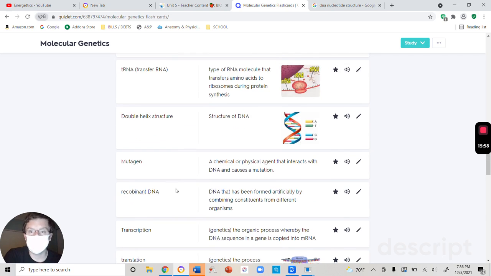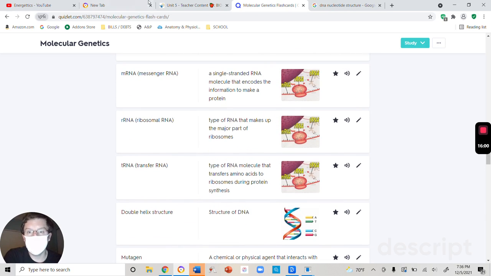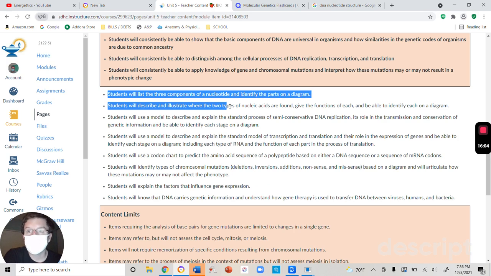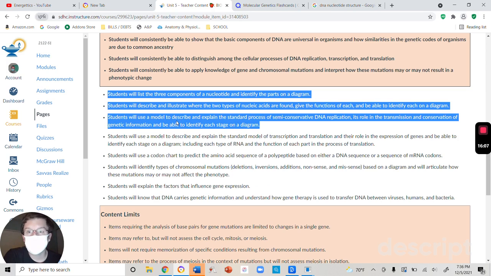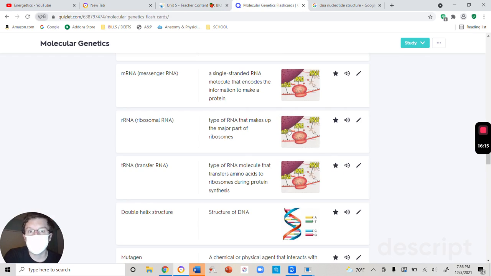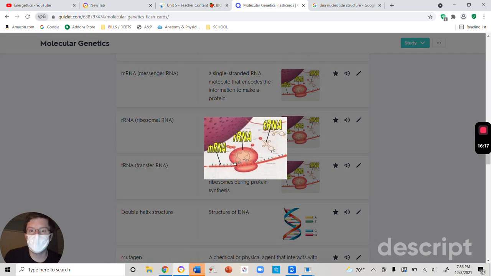All right, and that is, here, let's see. Yep, identifying each stage, transcription, translation, including, so we already talked about this, the steps of, this is translation. So you've got your messenger RNA, your ribosomal RNA, and your transfer RNA.